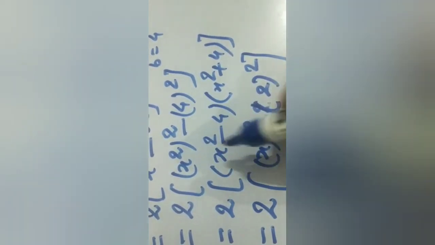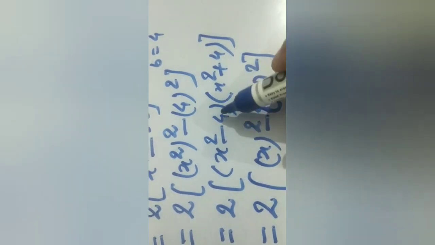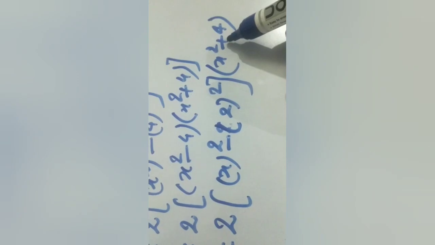x square is the square of x, and 4 is the square of 2, and then here it will be written as it is, x square plus 4, because plus sign is here and we are factorizing the difference of two squares. If plus sign is here, we can't factorize it.